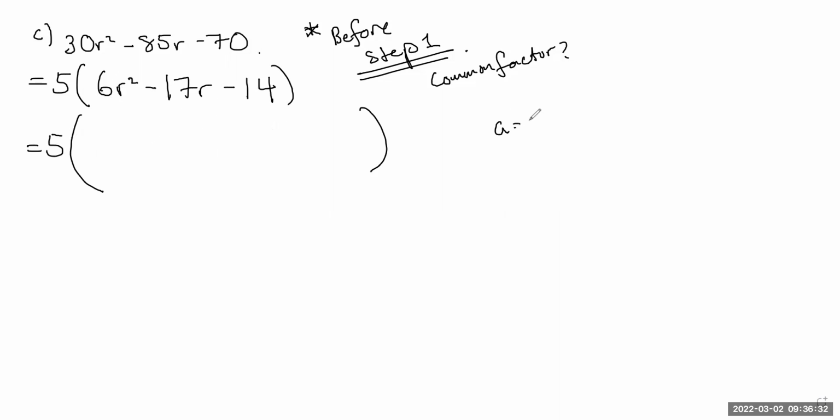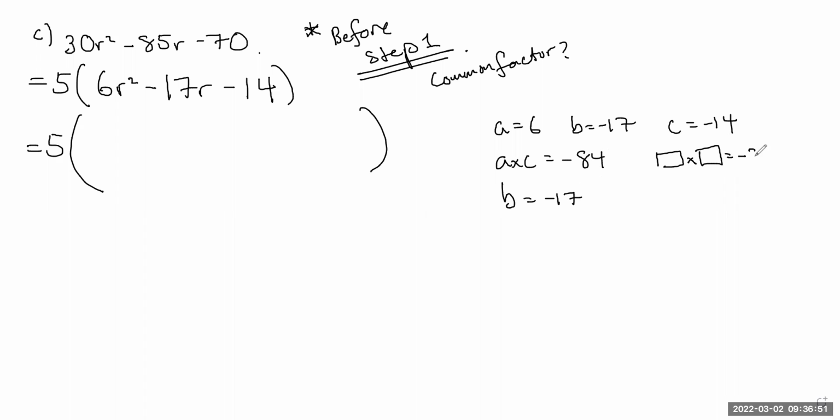So my A value is 6, B value is -17, C value is -14. A times C happens to be -84, and the B value is -17. Ooh, what two numbers will multiply to -84, but happen to add to -17? Not easy.